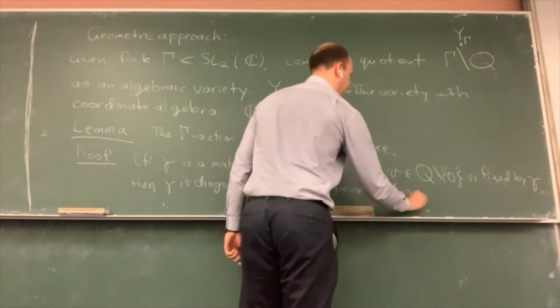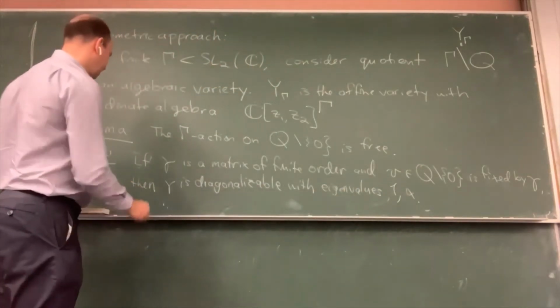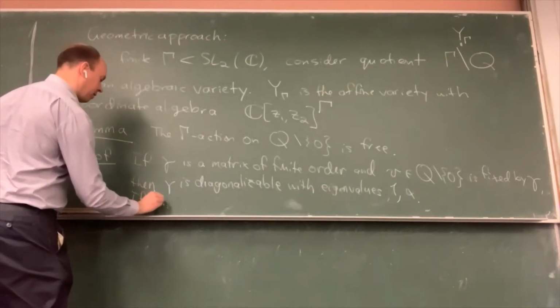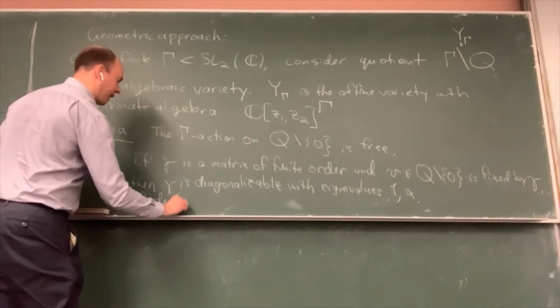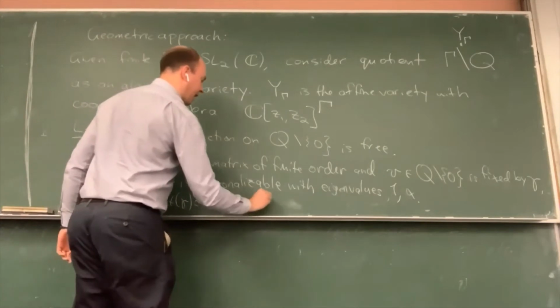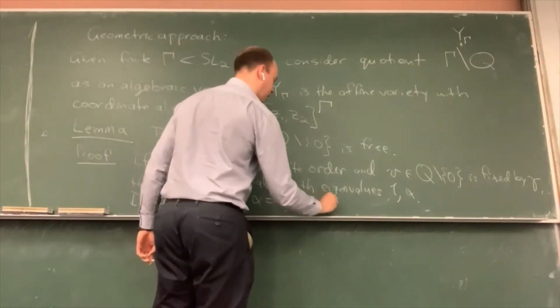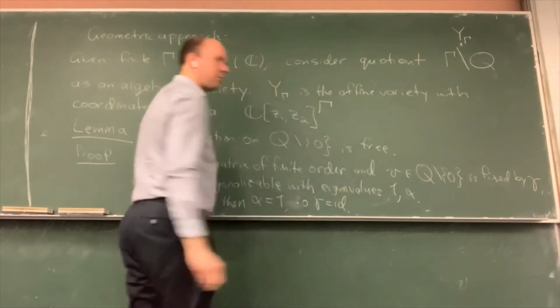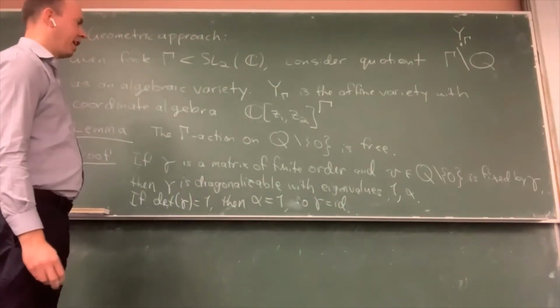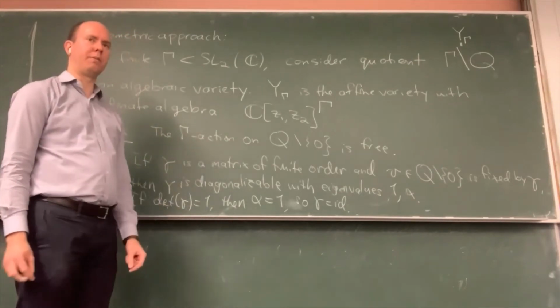And the other eigenvalue is alpha. And then, if you also know that the determinant of gamma is 1, then alpha has to be 1 as well. So gamma is the identity. So if you're talking about finite subgroups of SL2, they can't have non-zero fixed vectors.